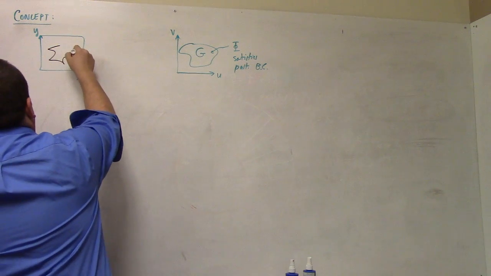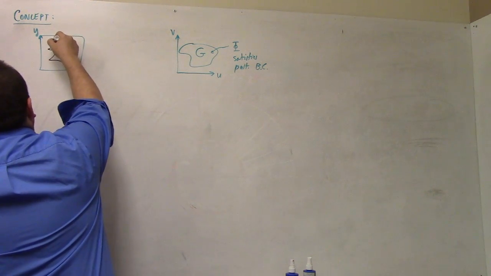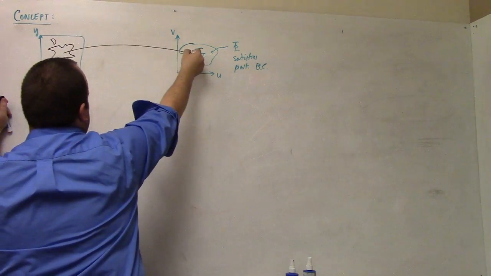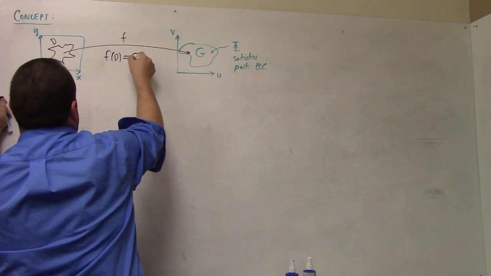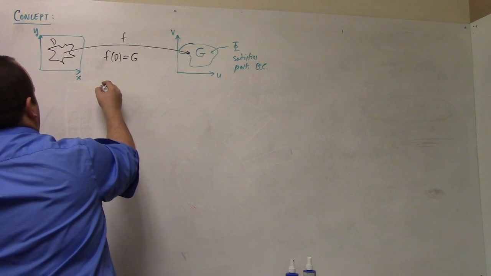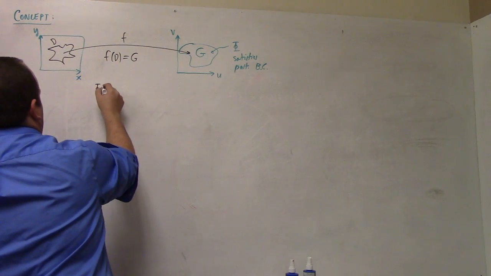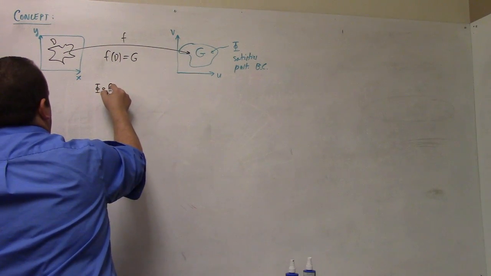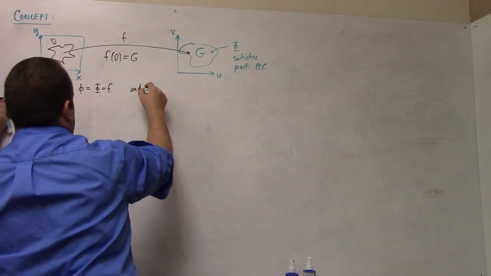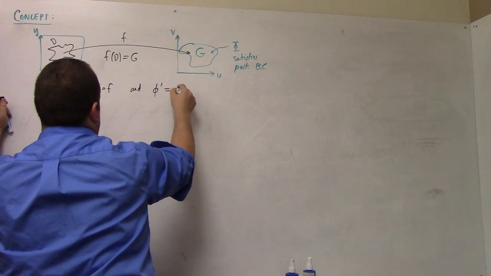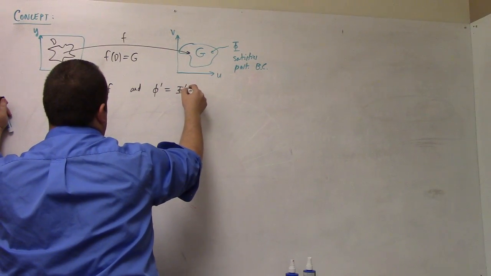And then back over here you have some domain D. If you can get f, where f of D is equal to G, then big phi composed with little f is little phi, and phi prime is really just big phi prime.